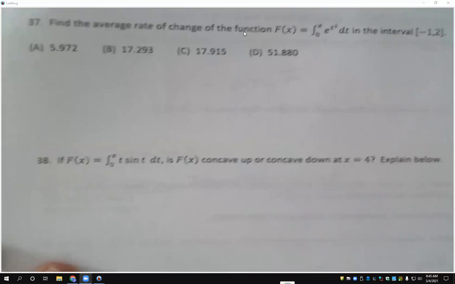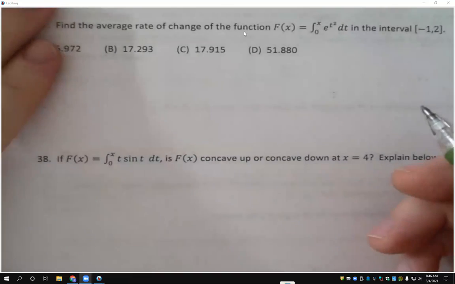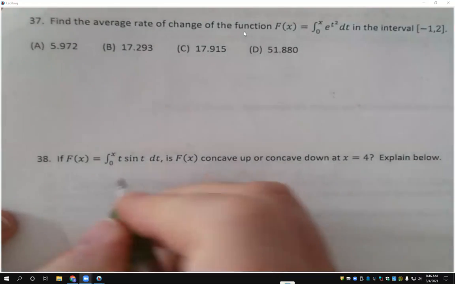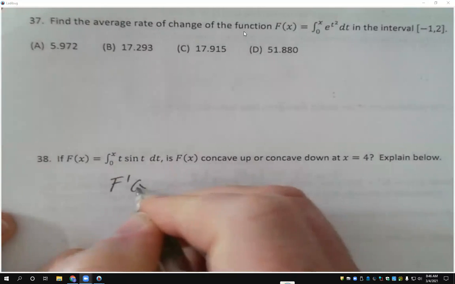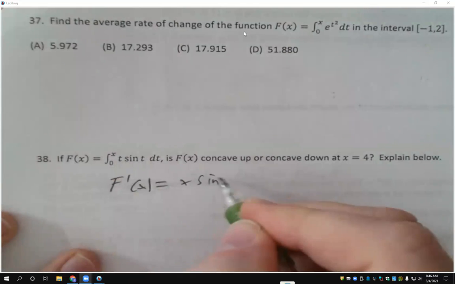All right, let's just do 37 or 38, since that's all that fits on my screen right now. Could you do 38, please? Yes, 38 gives us a function, the integral from 0 to x of t sine t dt. Is F of x concave up or concave down at x equals 4? Concavity comes from the second derivative. My first derivative is just plug in x, so x sine x.